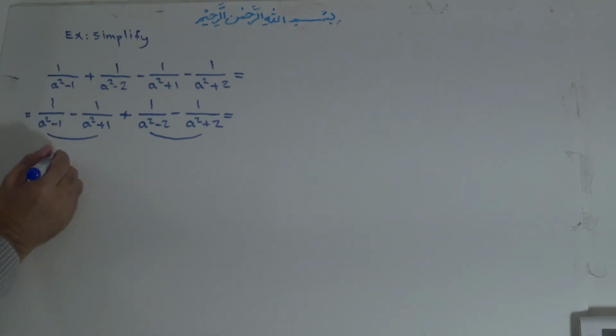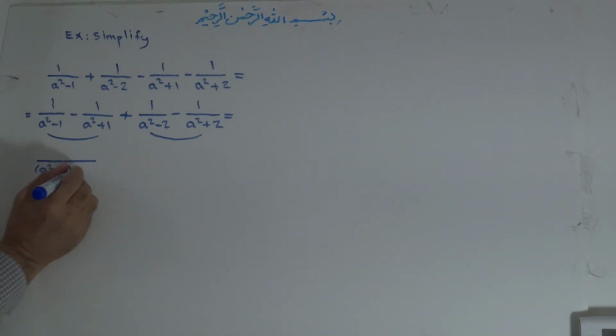Now between these two, the common denominator is a to the power of 2 minus 1 times a to the power of 2 plus 1.